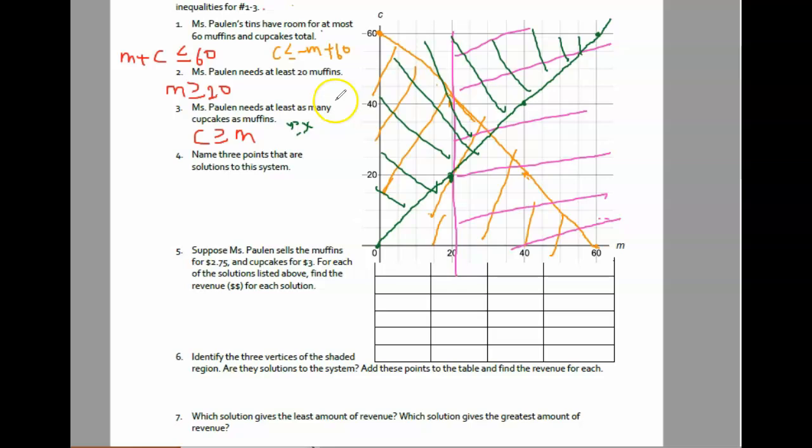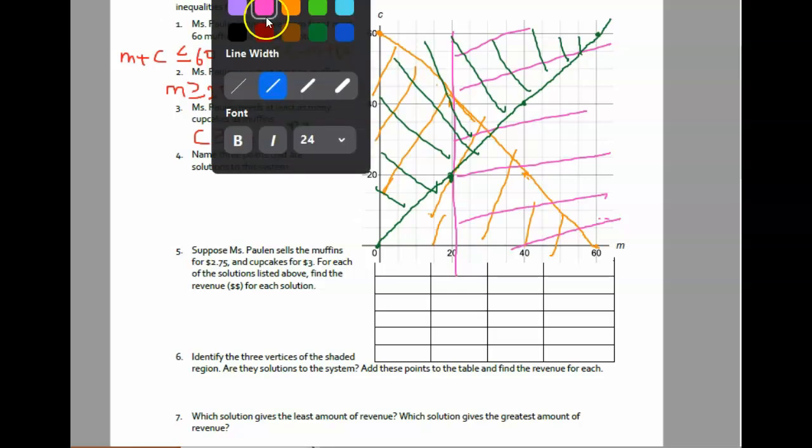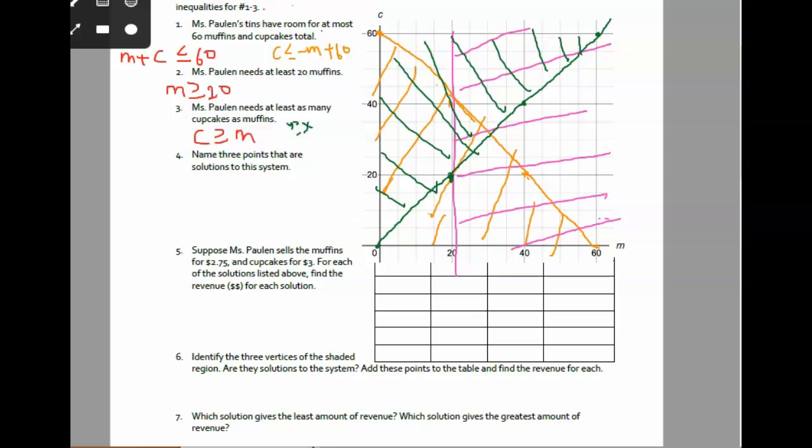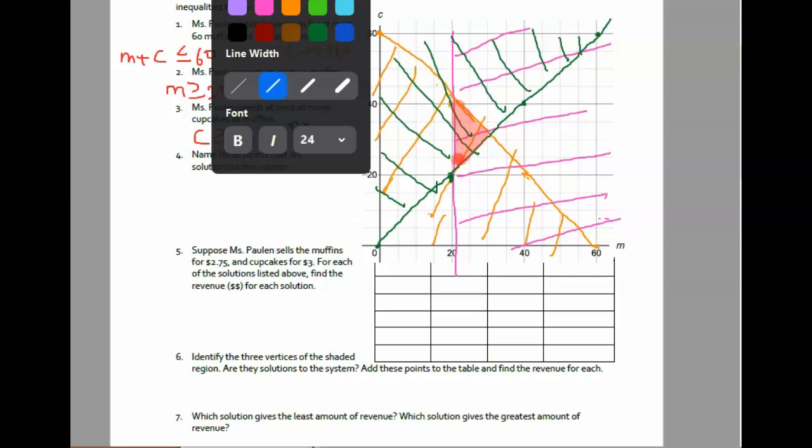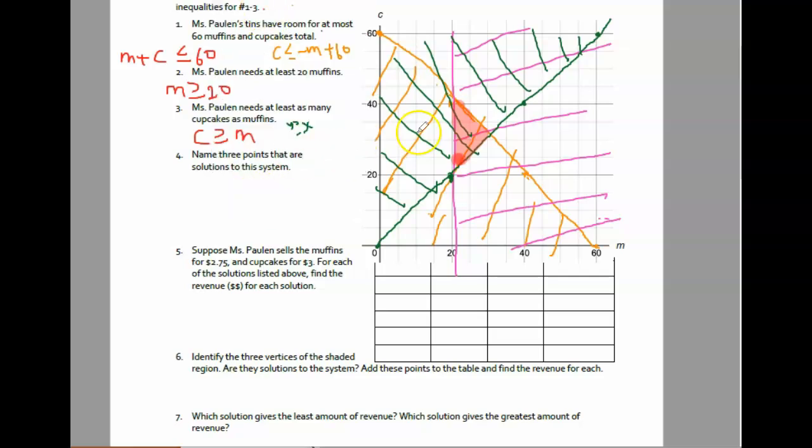All right, so now where is the solution? The solution is where they overlap, right? Where do they overlap? I don't see any different color. Where do all three of them overlap? Right here in that little triangle area, correct? So you can just pick any point and say that's going to be the answer.